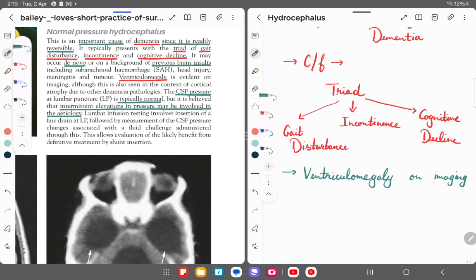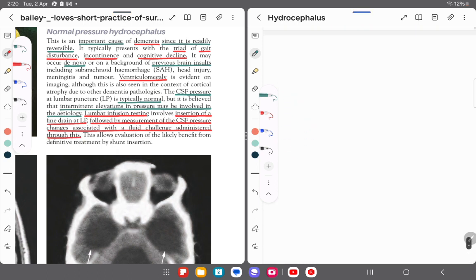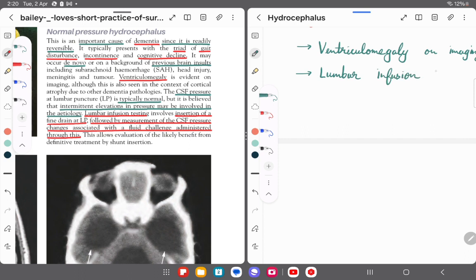Lumbar infusion testing involves insertion of a fine drain at lumbar puncture, followed by measurement of CSF pressure changes associated with a fluid challenge administered through this.